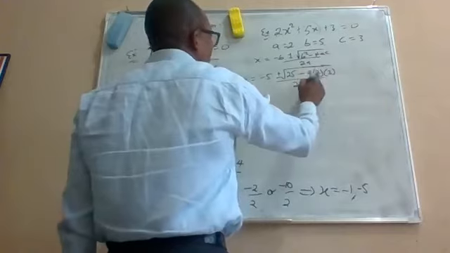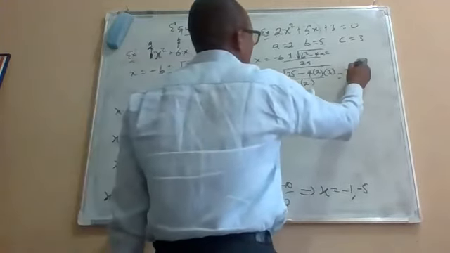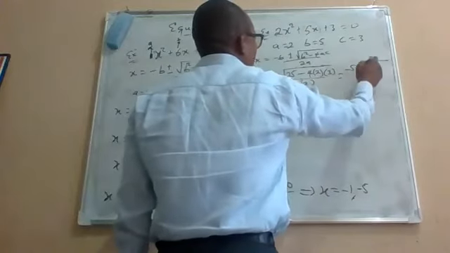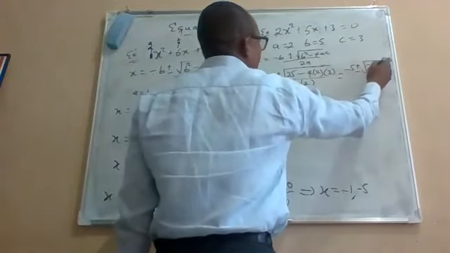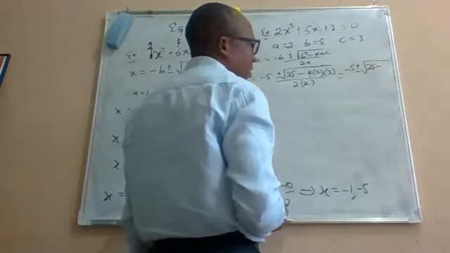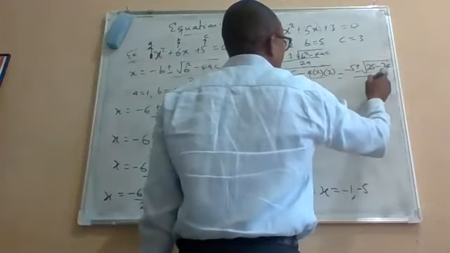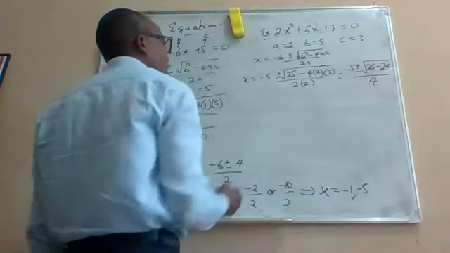So A is 2, this will have 2 here. When you simplify, this will be minus 5 plus or minus square root of 25 minus 4 times 2, that is 8, 8 times 3, that is 24. Everything over 4, this is 2 times 2 here.